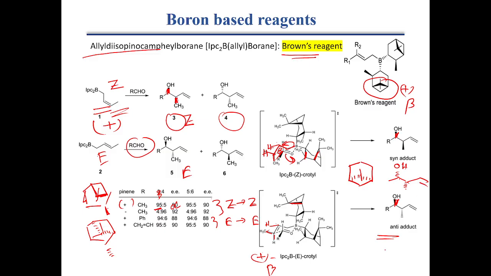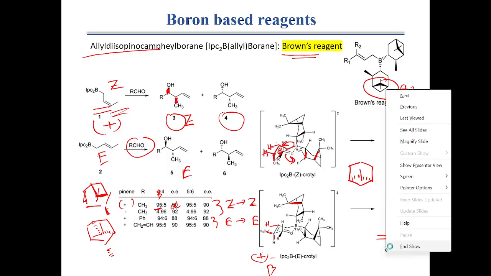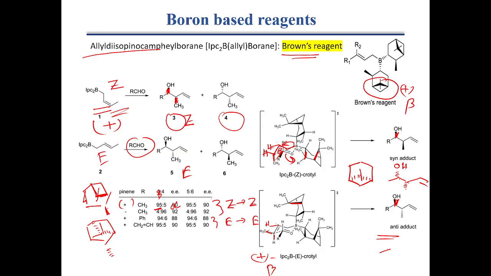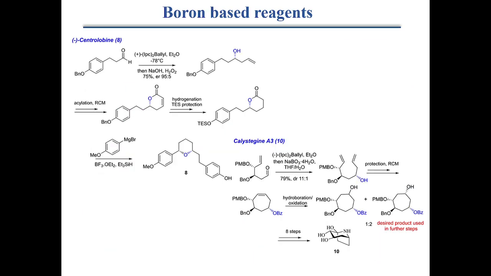If we use the anti or trans allyl group, then we will get the trans product. It is also the case for beta, or the minus reagent, minus Brown's reagent.